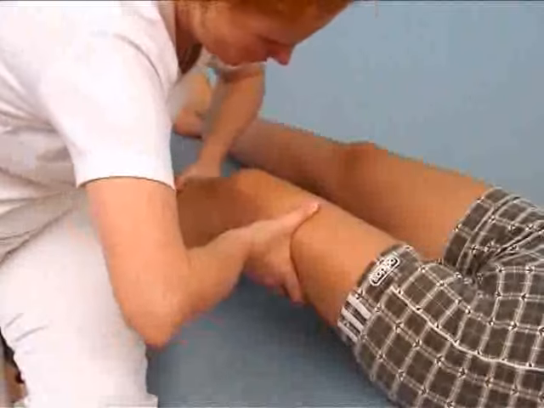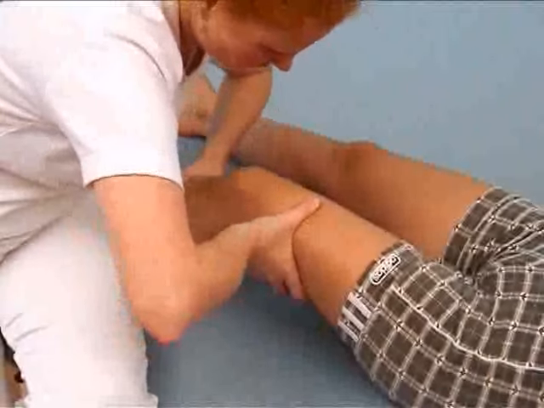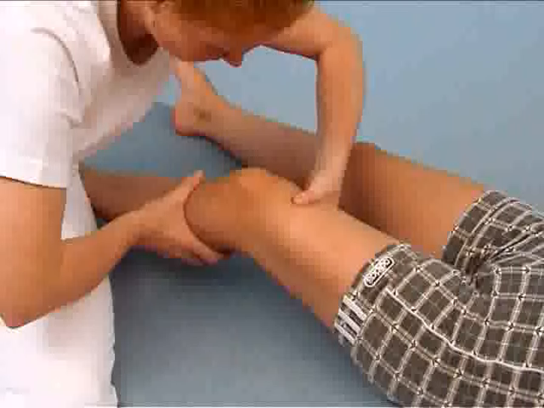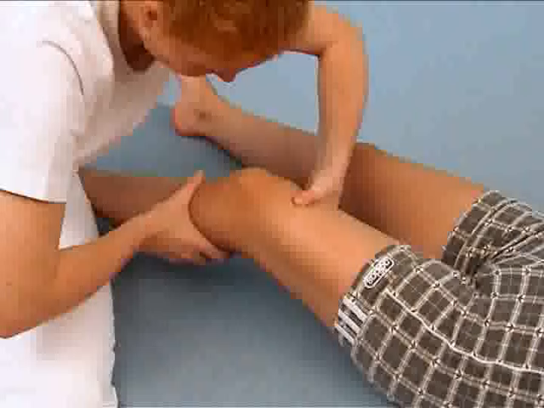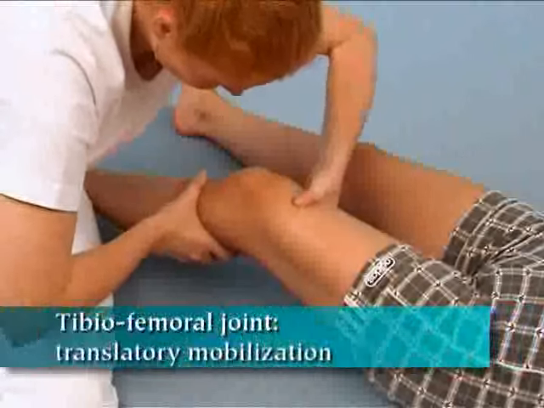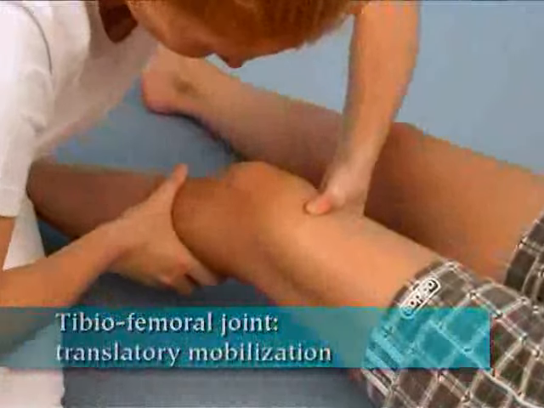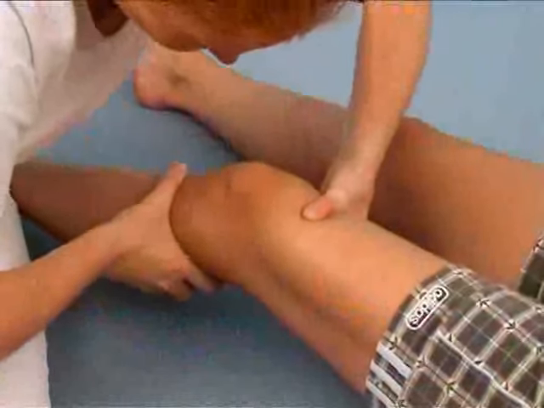The slack is taken up by slight pressure, followed by springing. Then the position of our hands is exchanged, one hand on the medial surface of the thigh, and the other on the lateral aspect of the leg. After engaging the barrier, springing follows. Mobilization takes place after taking up the slack, by slow rhythmic springing in the direction of increased resistance.